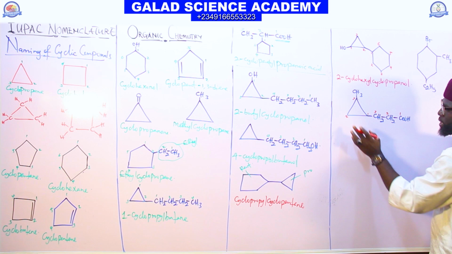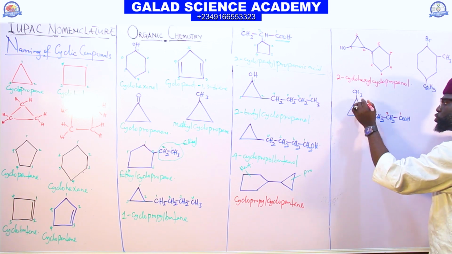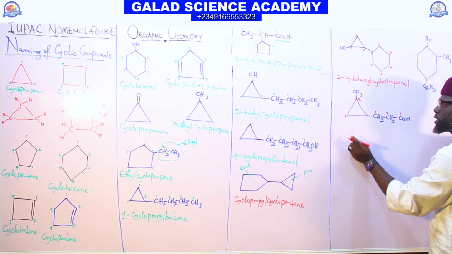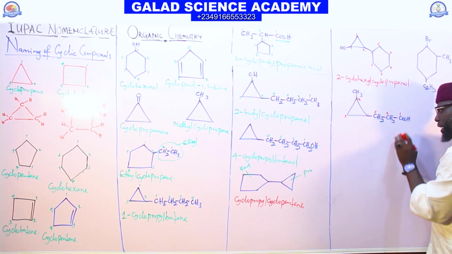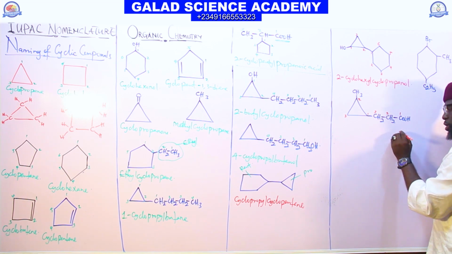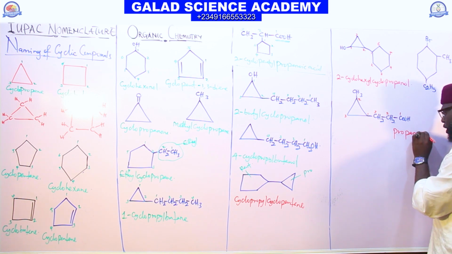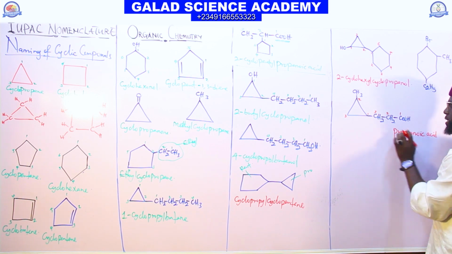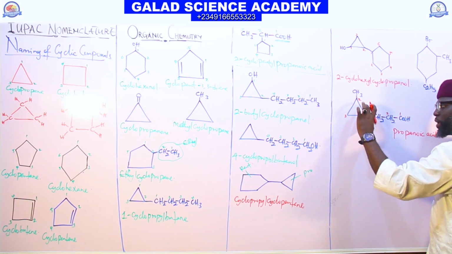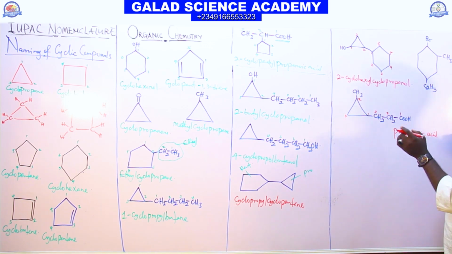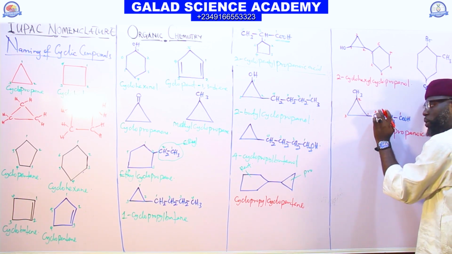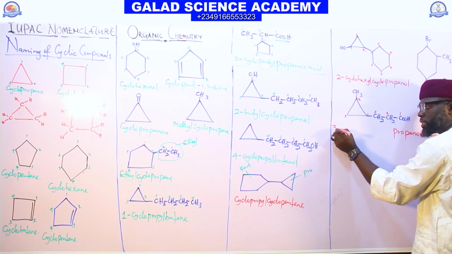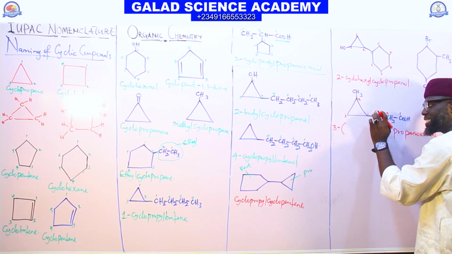It's not going this way. This is supposed to be 2. This is 3. I will now start my naming from here. The parent chain here is what? Propanoic acid. I've named this one. I'm left with this. Note that this 3-membered ring is attached to carbon 3. We now call it 3, in bracket, this 3.